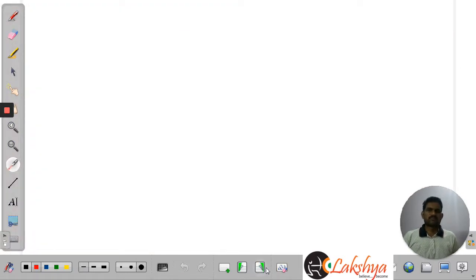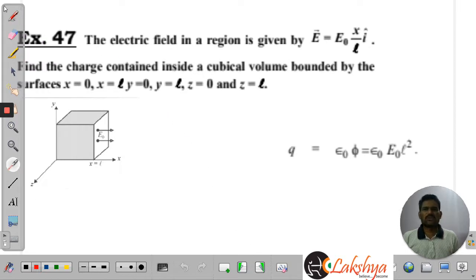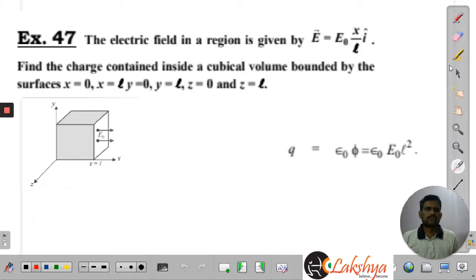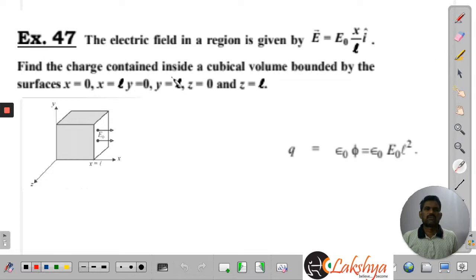Now let us solve this question. An electric field in the given region is given by E bar equal to E naught x by L i cap.